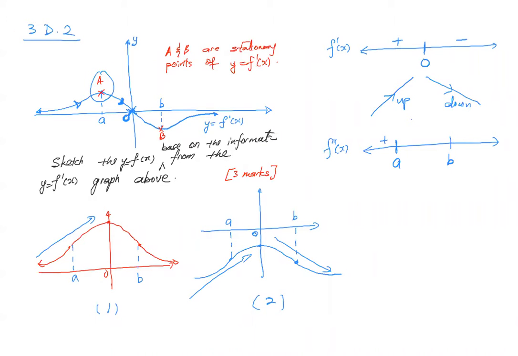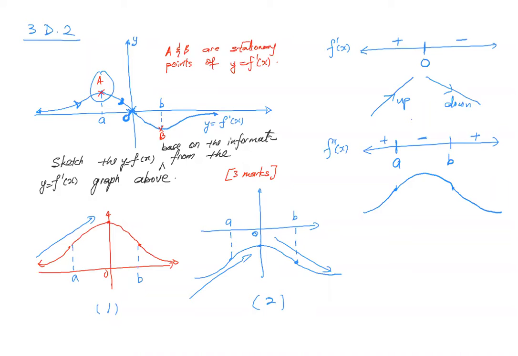So f double prime, the rate, will be negative. Then after B, it goes up again, so it's positive. So this is showing that my f(x) graph is convex, then turns to concave, then turns to convex. You see? So you got the shape.